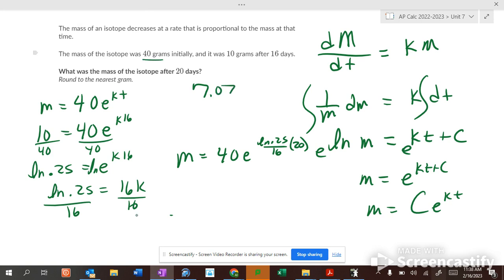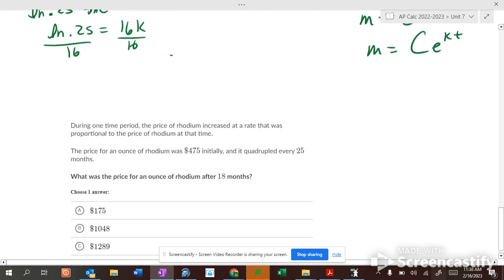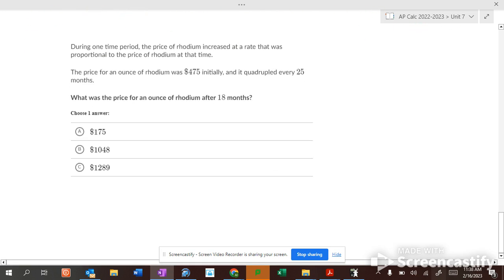It was 40 initially, 10 after 16 days, so 7.07 really makes sense after another 4 days. Okay? So that's the basics of how you do that.